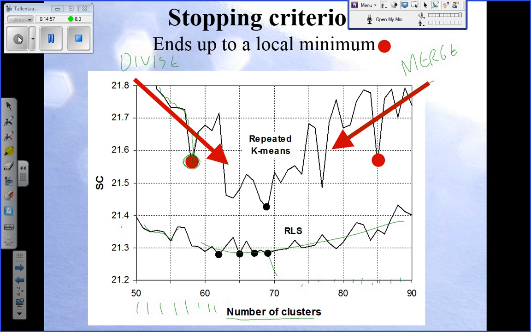The numbers, of course, are not so big a difference, but finding the first local minimum just doesn't work. A stopping criterion is not a good idea. Even if we come from the merge approach, it's the same way. We can find a local minimum. Actually, there are several local minimums everywhere. So that's the divisive approach, that's the agglomerative.